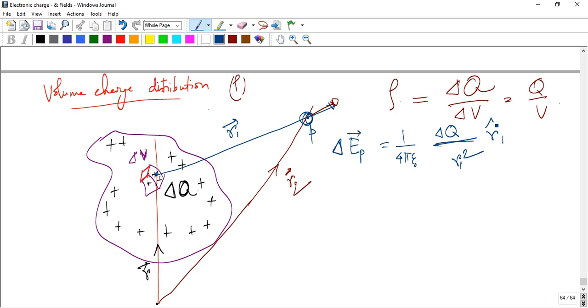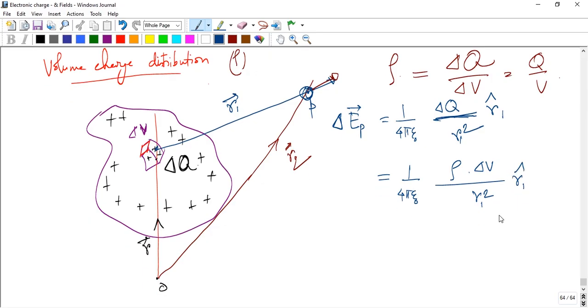Now delta Q is replaced by rho delta V, giving rho delta V by R1 squared in the R1 cap direction, where delta V is the small amount of volume.